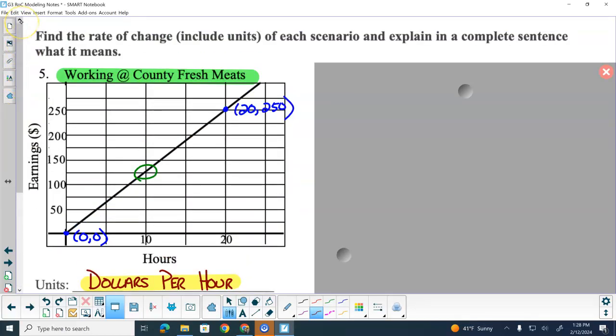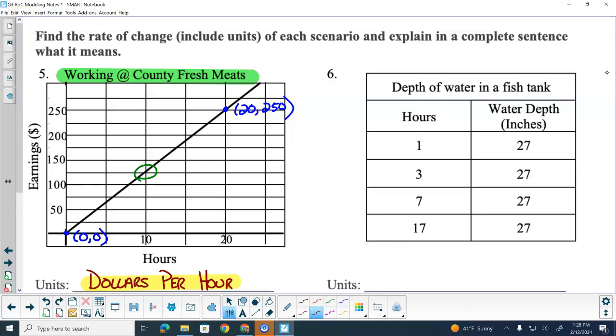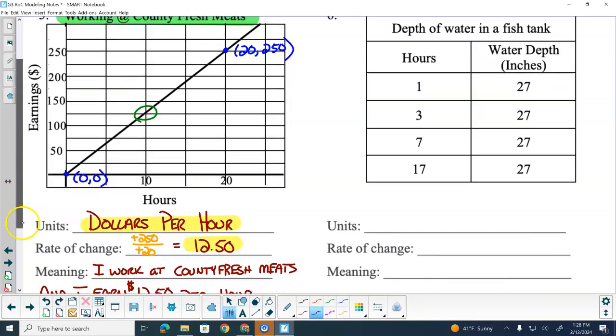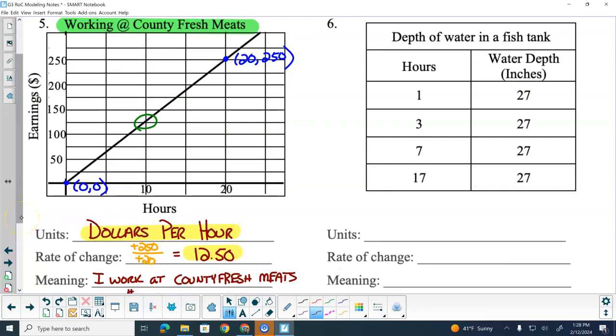All right, here we go. Number 6. Number 6 is going to be a U one. Number 6 is going to be tell me the units, find me the rate of change, and tell me a story. Okay? Go. What are my units?